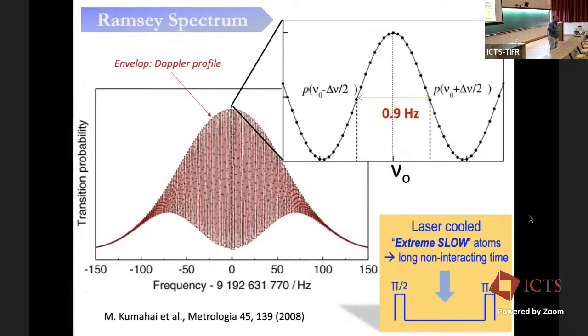So let's say you have a transition frequency of 10 to the power 10 hertz and you are measuring it with an accuracy of 1 hertz, immediately you get delta nu by nu 0 of 10 to the power minus 10. And in the previous case, if it was 1 kilohertz, 1000 hertz, then it is 10 to the power minus 7. So it's several orders of magnitude improvement.